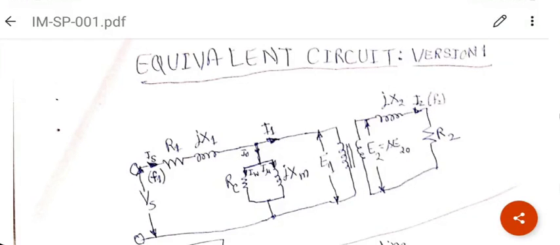Then the remaining current goes and produces the rotating flux in the stator, and that flux couples to the rotor to produce the EMF in the rotor. E1 is the equivalent EMF in the stator per phase. E2 is the same thing on the secondary side or the rotor side.